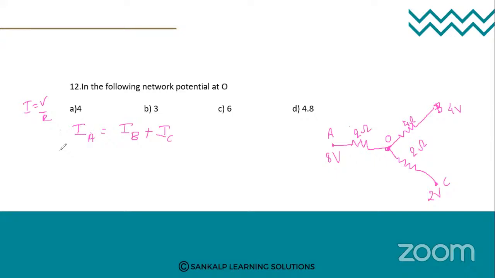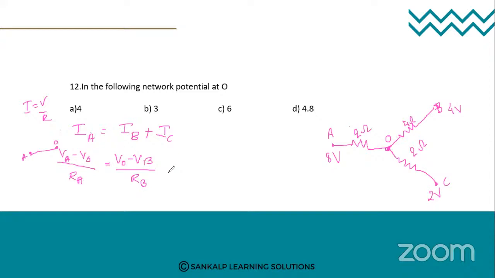But here what happens? We have terminals. One is the A terminal and one is the O terminal. So therefore this becomes (VA minus V naught) upon RA is equal to (V naught minus VB) upon RB plus (V naught minus VC) upon RC.